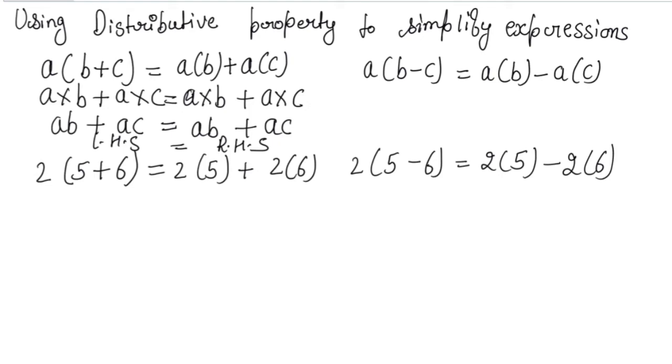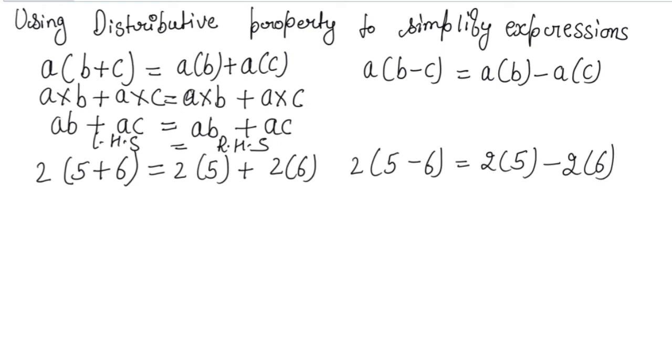So let's just take an example here. 2 times (5 plus 6) is equal to 2 times 5 plus 2 times 6. So we have distributed 2 over 5 and over 6. Let's solve this expression using the distributive property as we have written on the top.